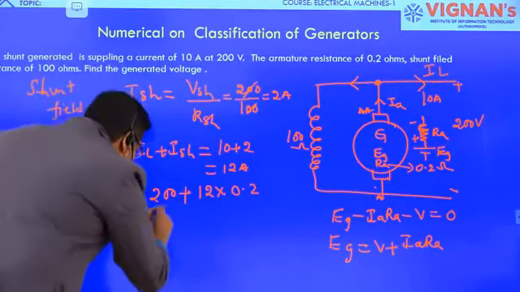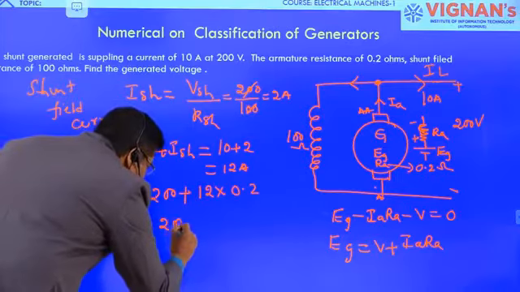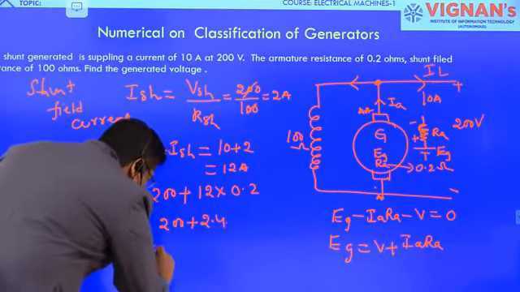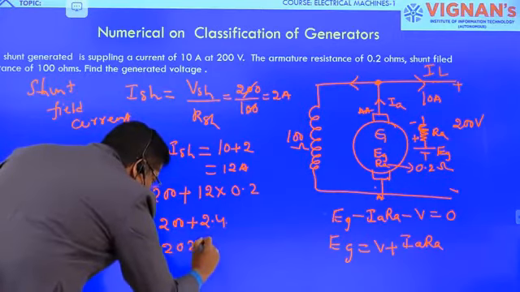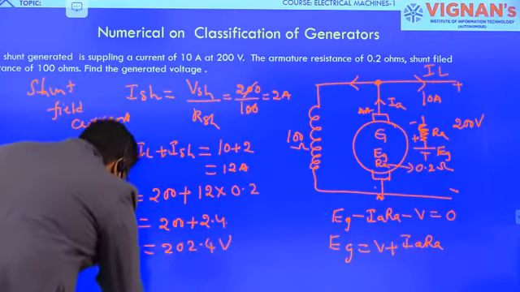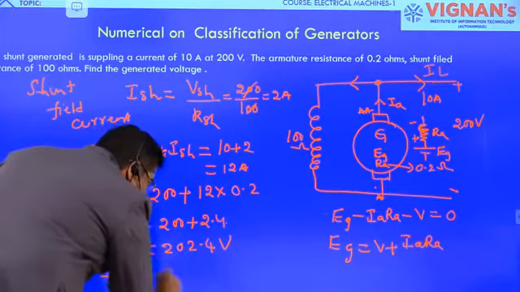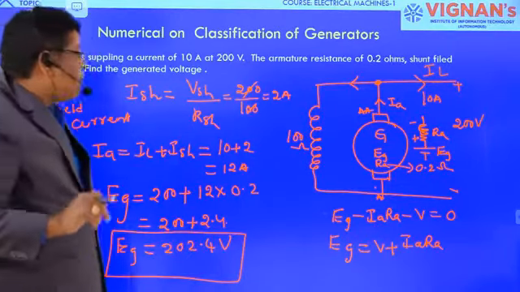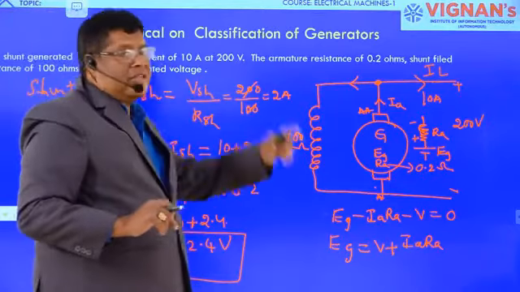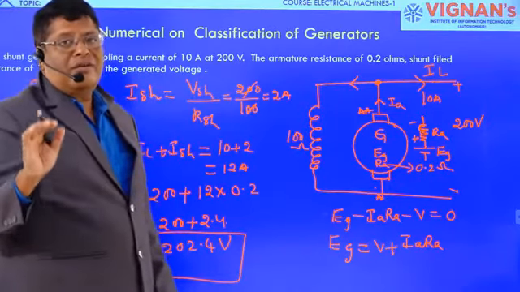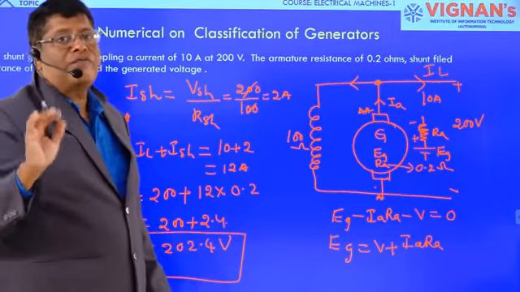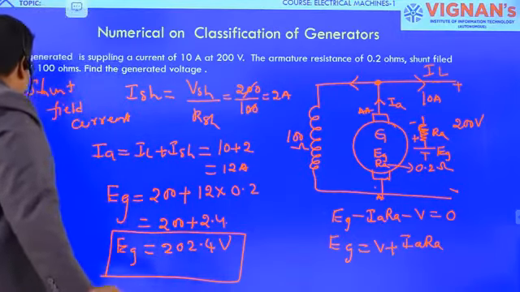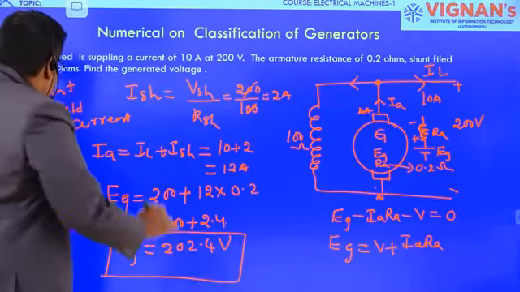So we are getting 200 plus 2.4, which is equal to 202.4 volts. This much voltage will be generated in the armature when the generator is supplying a current of 10 amperes at a load voltage of 200 volts. Now we are going to see this is the shunt field current.